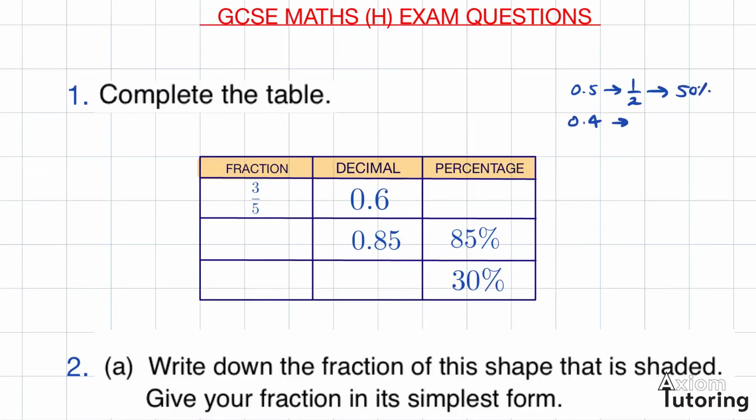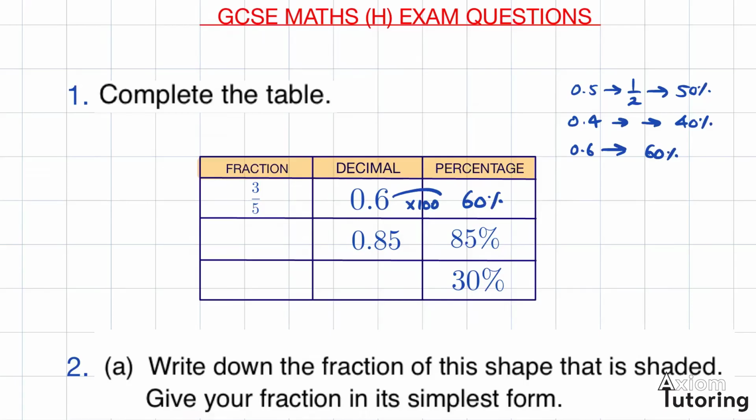And don't worry about the fraction for now, but we can say that that's 40%. So that means that 0.6 is 60%. This is the intuitive way of doing it. If you want to convert directly from a decimal to a percentage, you may notice that you times by 100. 0.6 times 100 is 60.